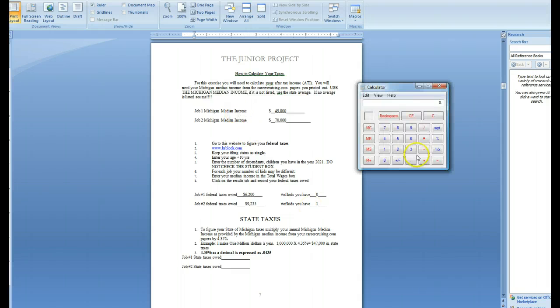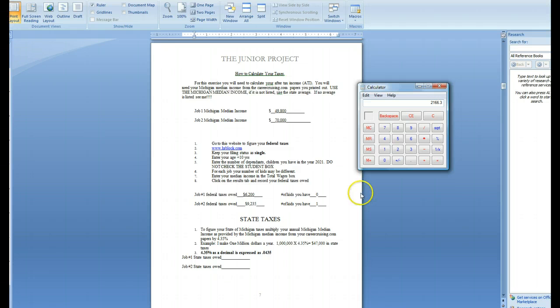Okay, so all right, so now what we're focusing on, we're going to take the Michigan median income. Okay, so I want to put 49800, going to multiply it by 0.0435. Okay, so it equals 2,166.30.